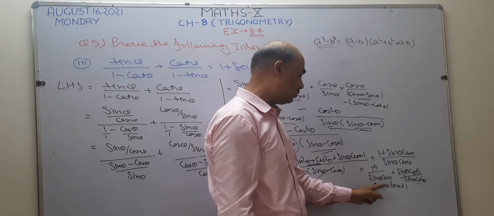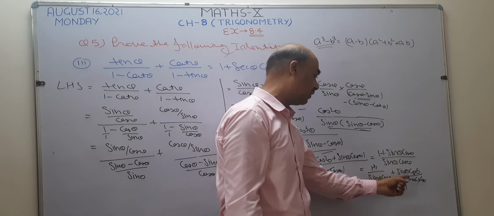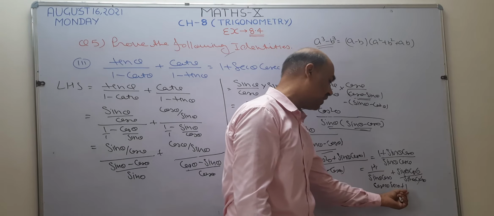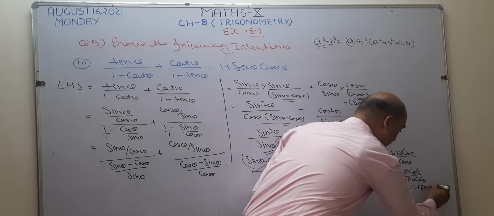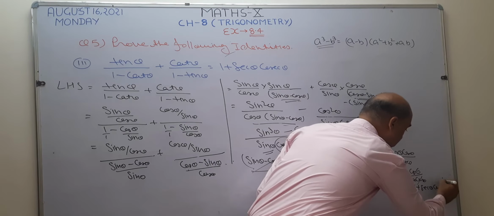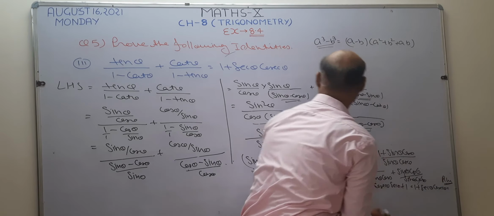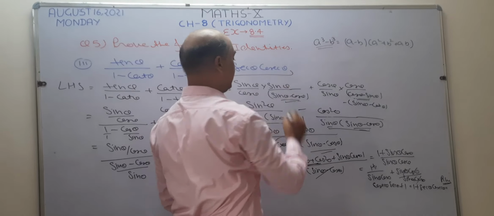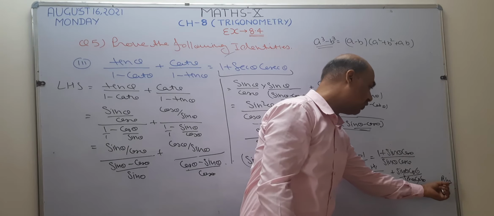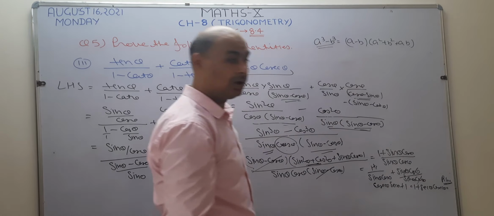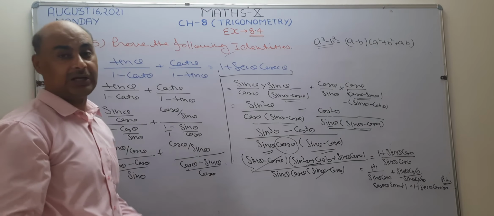What is left? 1. So this becomes 1 plus secant theta into cosec theta, which is equal to RHS. This we have to show: 1 plus secant theta cosecant theta, which is equal to the right hand side. Okay, I hope now it is clear.